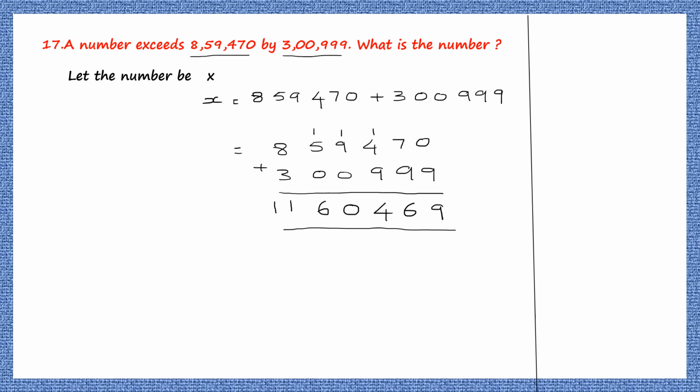So what is our number? Let's place the comma. So now our number is 11,60,469. So the number that we've been asked to find is 11,60,469.